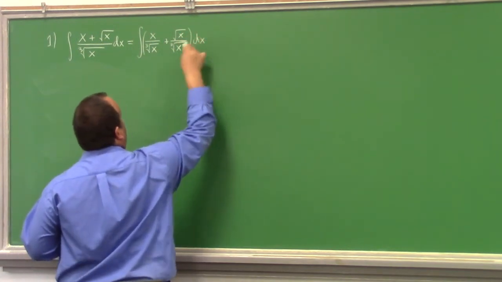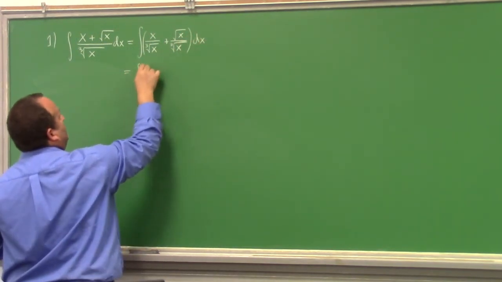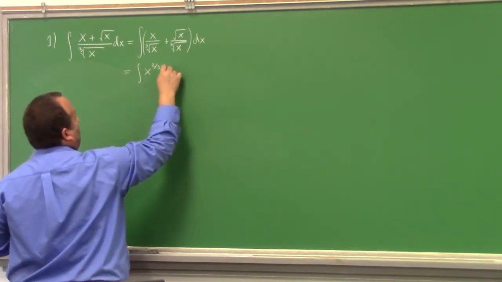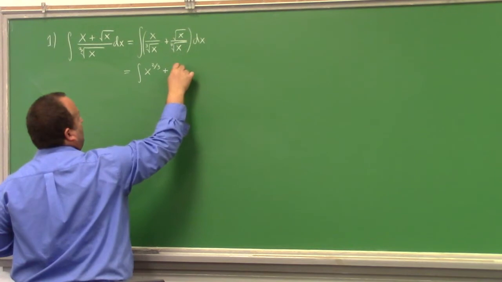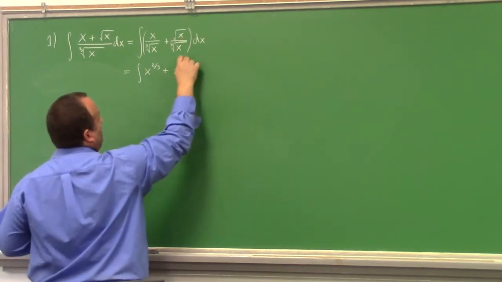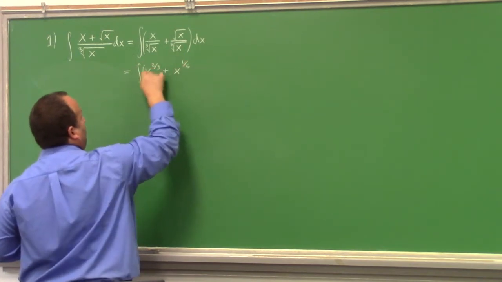And so that's really x to the 2/3 plus x to the, this is half minus a third. A half minus a third is a sixth, right?